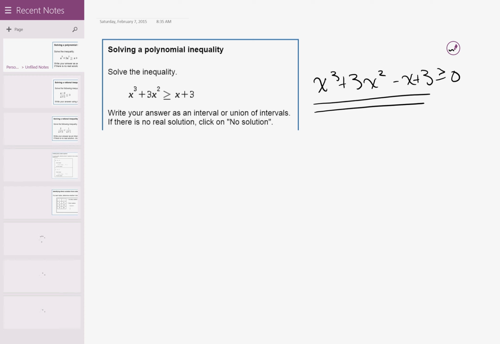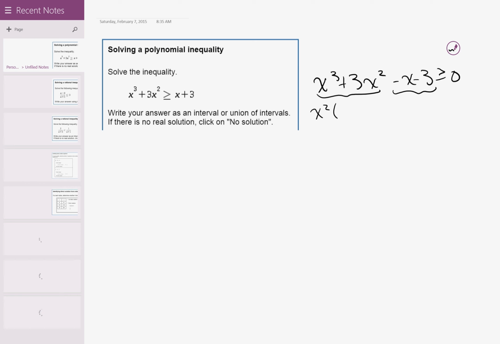This is a little more complicated than a quadratic, which is why learning the sign charts is very important. I'm going to factor this by grouping. So here's my first group, here's my second group. Oh, this is minus x minus 3. I'm like, oh, that's a problem.